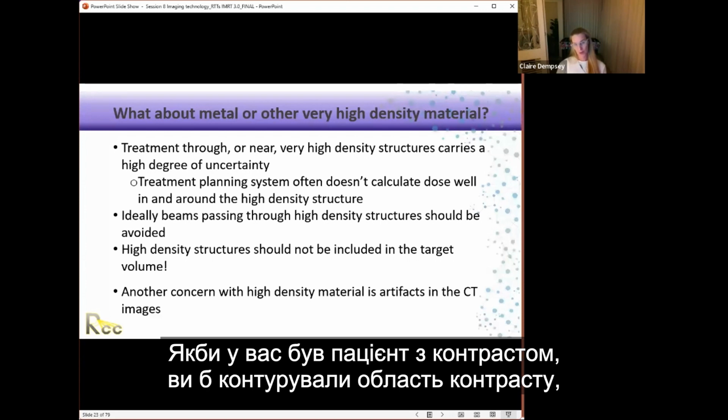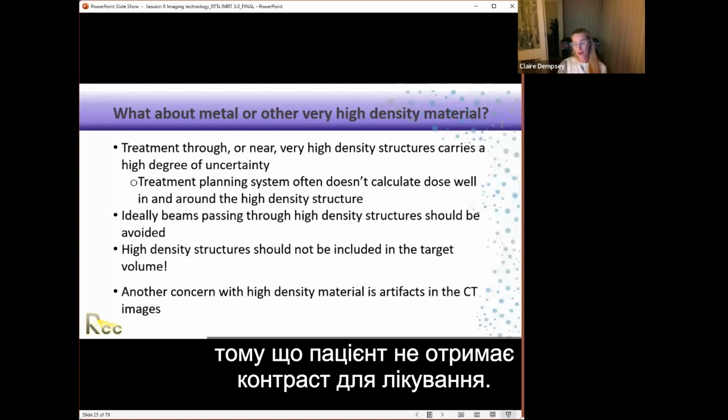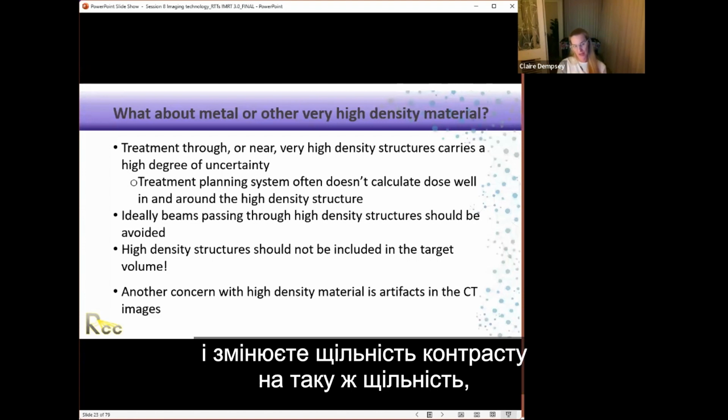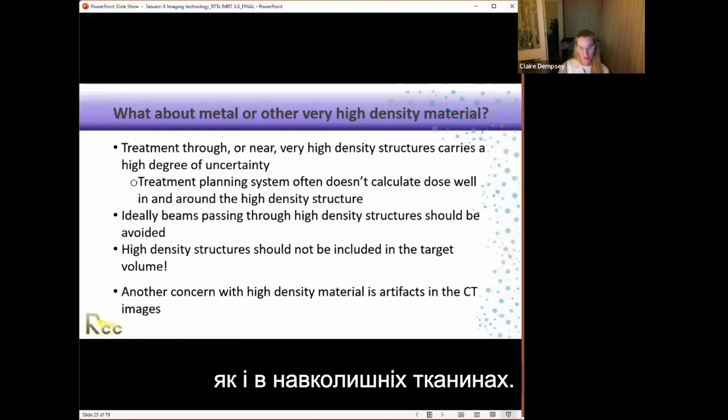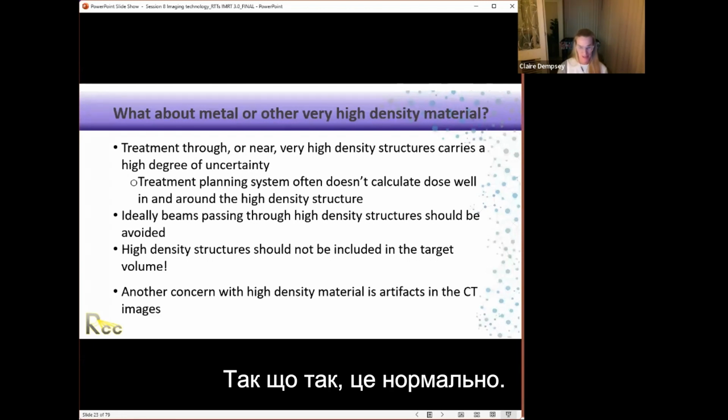What you would do is contour the area of contrast, and then override the density of that contrast, because that patient's not going to have the contrast in them for treatment. So you would contour the contrast on the patient, and override its density to the same density as the surrounding tissues. So absolutely use contrast, because that's a really important thing in certain situations. So yes, it's okay.